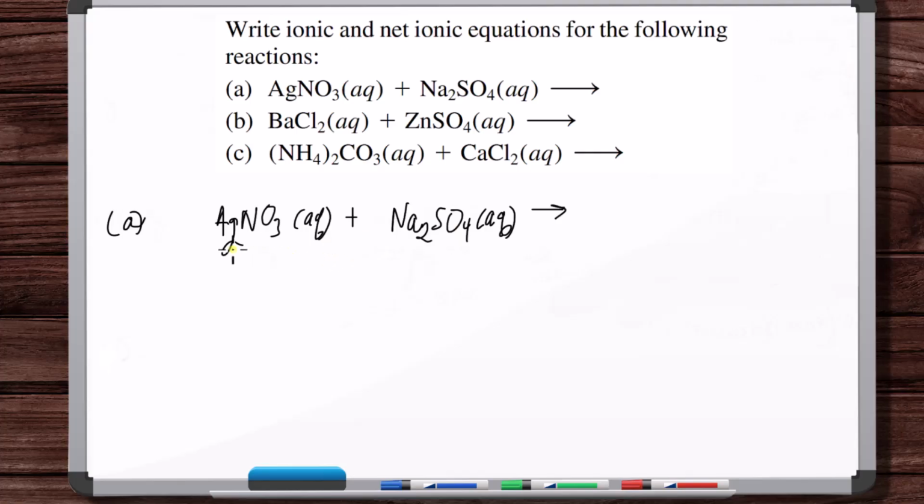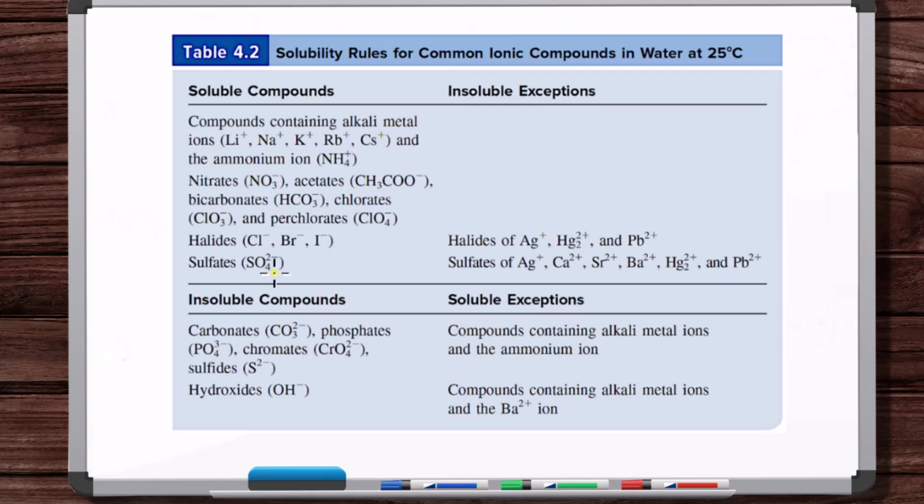We do know that these compounds are dissociated into ions in solution. So when these two solutions are mixed and all these ions get to interact, what happens with silver and sulfate? Well, all sulfates are soluble with the insoluble exception involving silver cations.